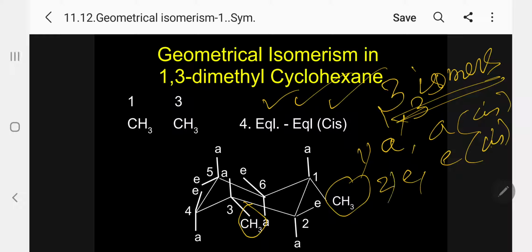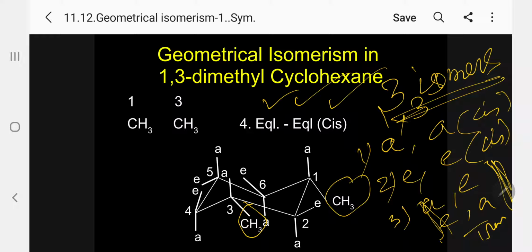And third is axial-equatorial or equatorial-axial. Kindly follow, this is trans. So they are identical. So in this case, 2 cis isomers and 1 trans isomer are possible in the case of 1, 3 dimethyl cyclohexane. Please follow. Just opposite to that of 1, 2.